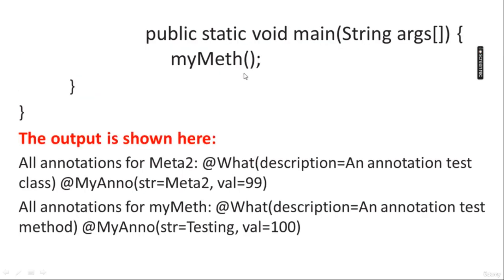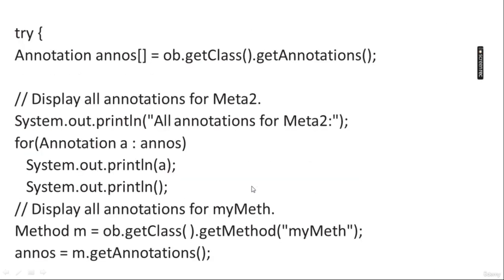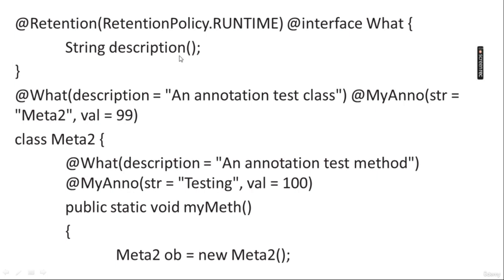Here I just call myMethod. The annotations for the Meta2 class are Description with AnnotationTestClass, and MyAnnotation with string meta2 and value 99. Why has it displayed like this? Because for the class annotation, I initialized the values AnnotationTestClass, meta2 and 99.